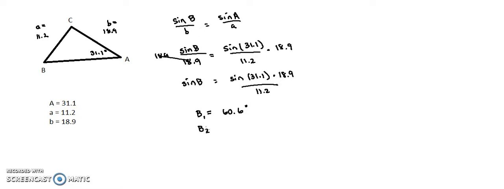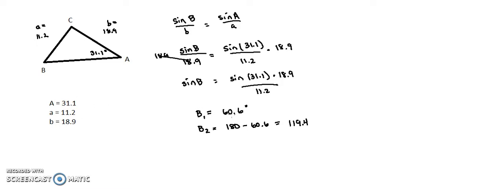And we have another candidate that would be 180 minus 60.6, and that's going to be 119.4. So that's another one, and if you put that into the sine B equation, it's also going to work out. So we have potentially two triangles that fit this initial information.